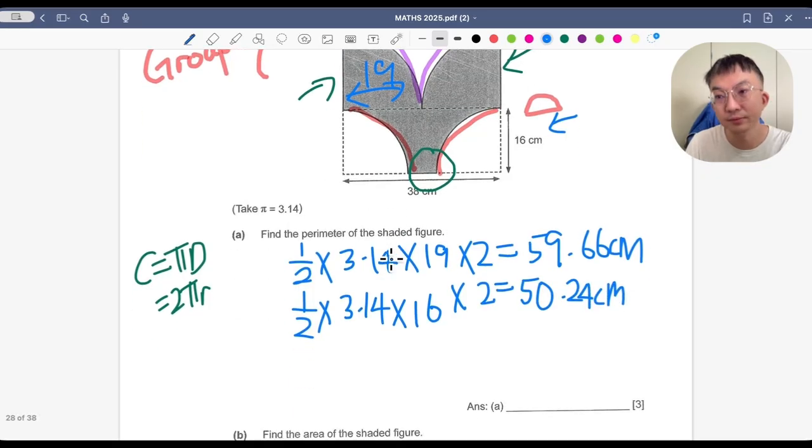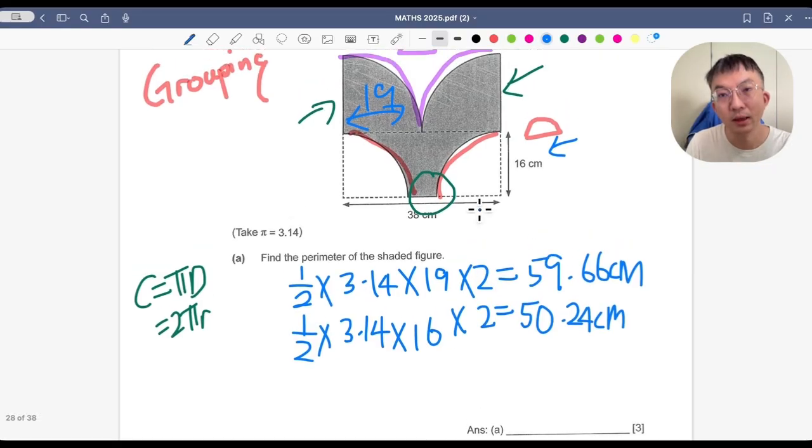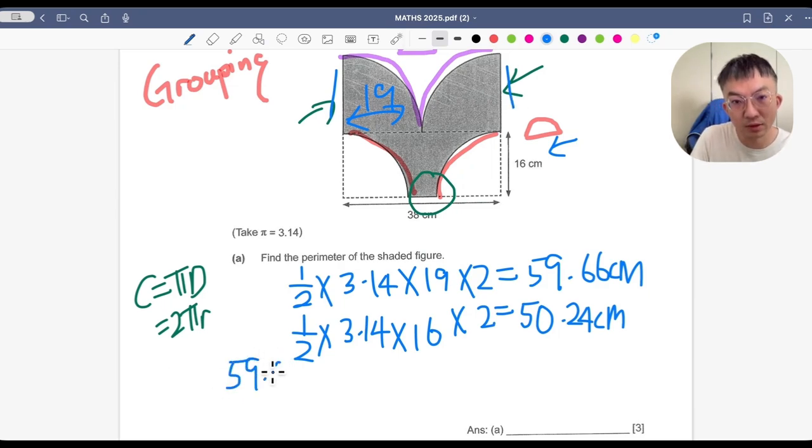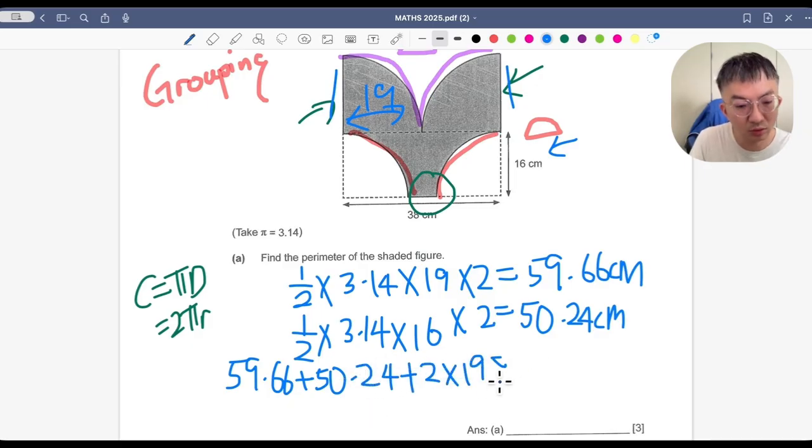Then moving on, you need to add them together, and take note that you want to add in 19 here and 19 here as well. So 59.66 plus 50.24 plus 2 times 19, and then you'll get a number.